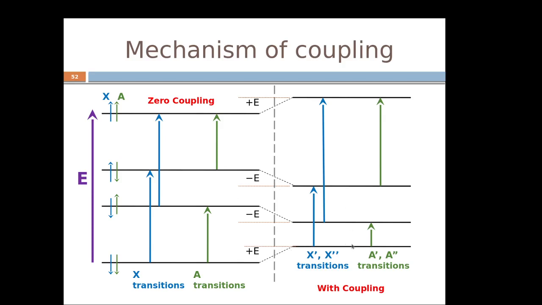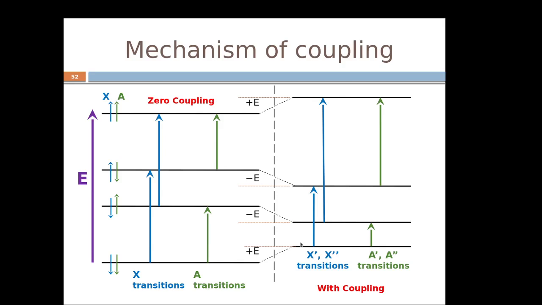And now we have new nuclear energy levels in the presence of coupling between the A nucleus and X nucleus. Let's look at the X transitions. As said previously, an X transition could originate from this energy level and end up in this energy level, and you can also have one more X transition that originates in this energy level and ends up in this energy level. If you count this transition as the X prime transition and this one as the X double prime transition, you can see that the energy required for the X prime transition is lesser compared to the energy required for the X double prime transition.